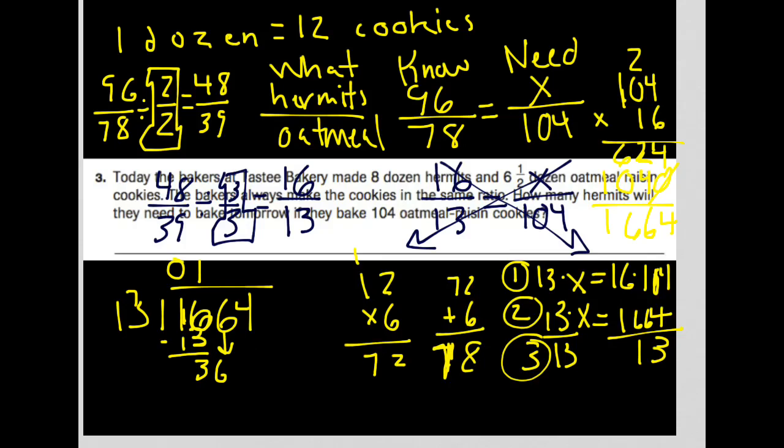Bring down the 6. 13 goes into 36 2 times. 13 times 2 is 26. 36 minus 26 is 10. Bring down the 4.